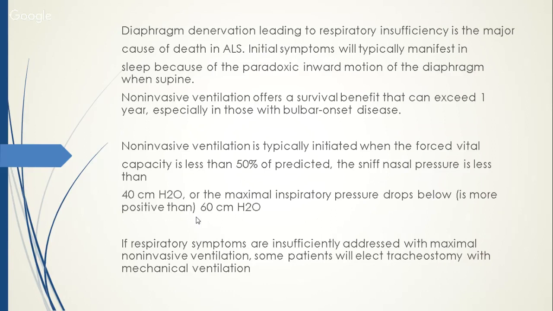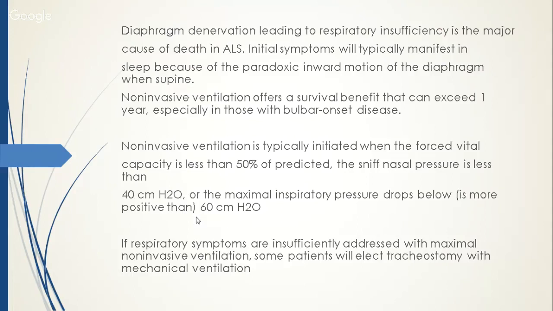The other factor when looking at treatment, other than the medication itself, is lifestyle. The most common cause of these patients' death is their respiratory status. They will stop breathing because they have paradoxical inward movement of the diaphragm, especially when sleeping at night. So we start these patients on non-invasive ventilation, usually when the FVC is less than 50%, to help them breathe better given the diaphragm weakness.